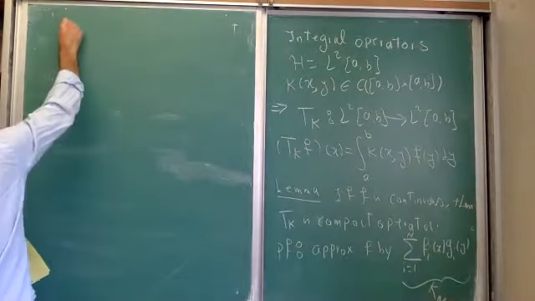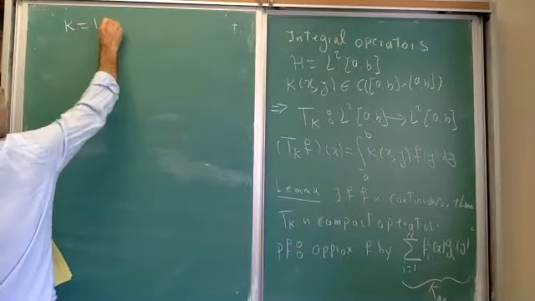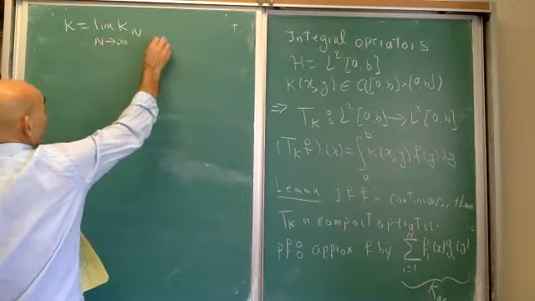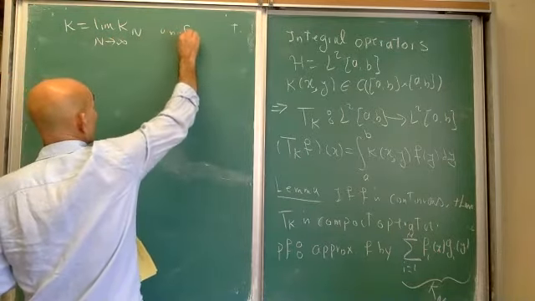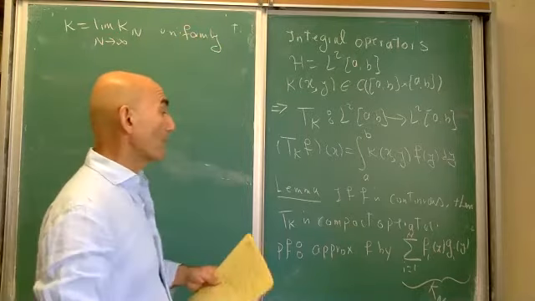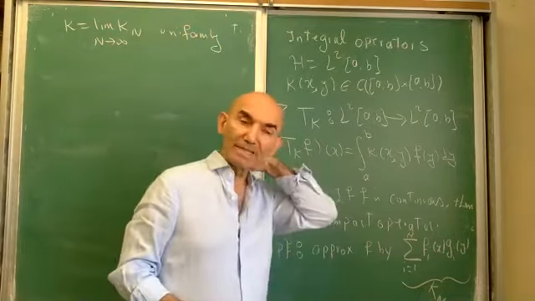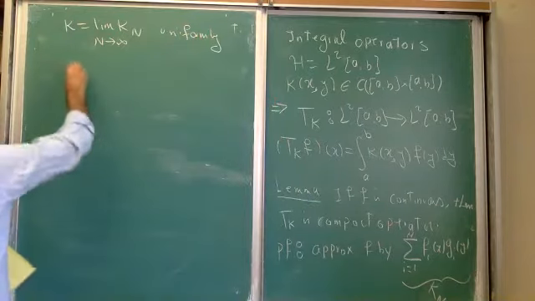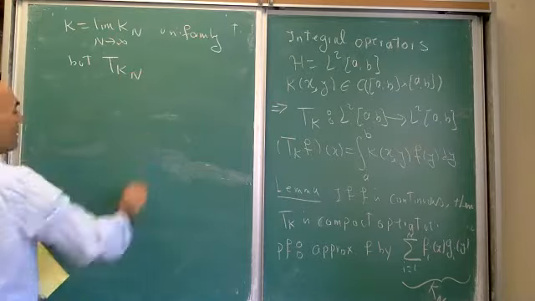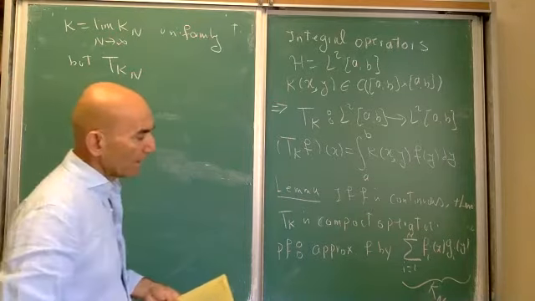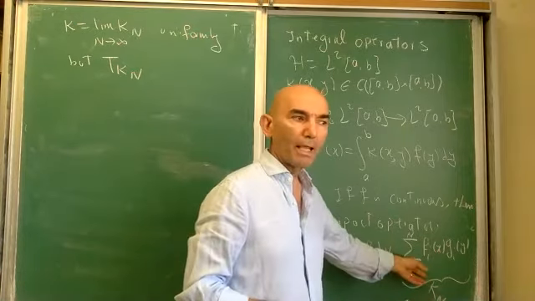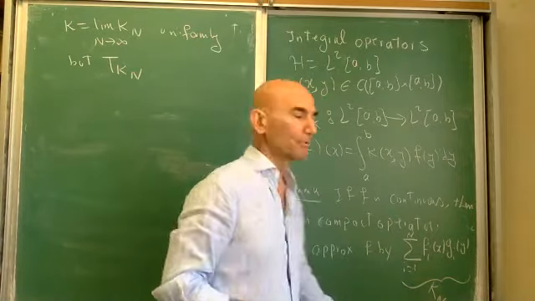So K is equal to the limit of K_n as n goes to infinity, uniformly. But now if you look at T of K_n, what do you see? This T of K_n is, in fact, a finite rank operator.